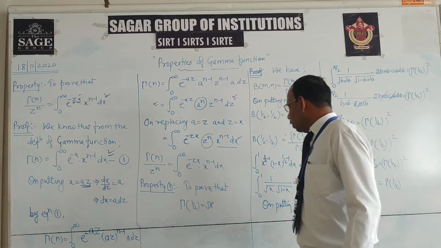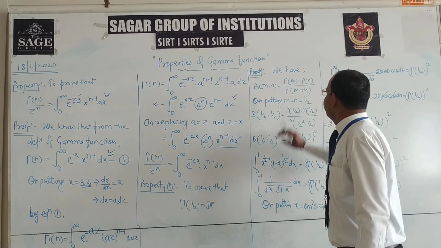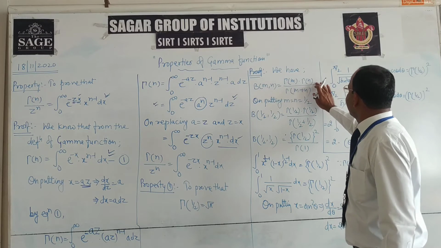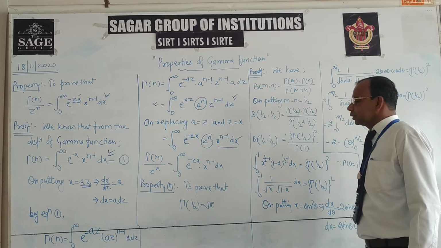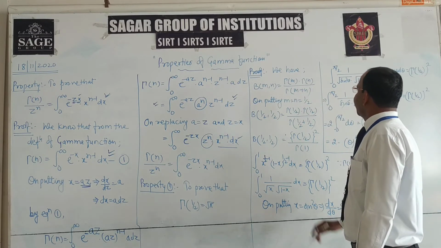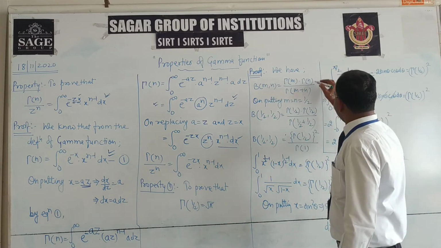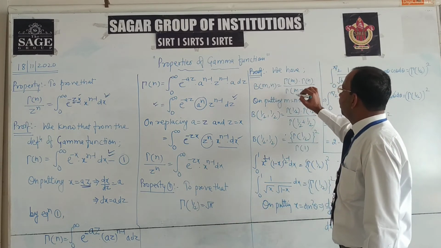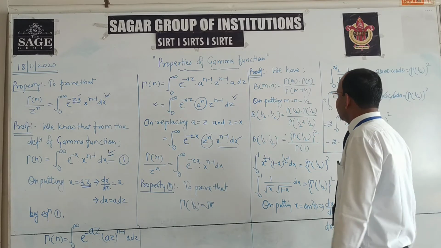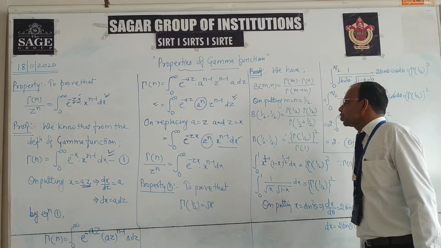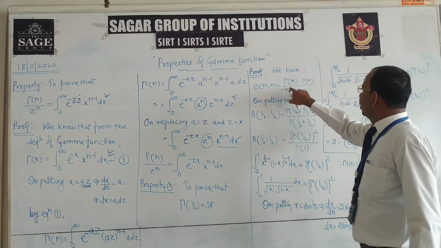Now we have beta m,n equal to gamma m into gamma n upon gamma m plus n. This is a very important relation between the beta and gamma functions. We will discuss this relation in the next video lecture.